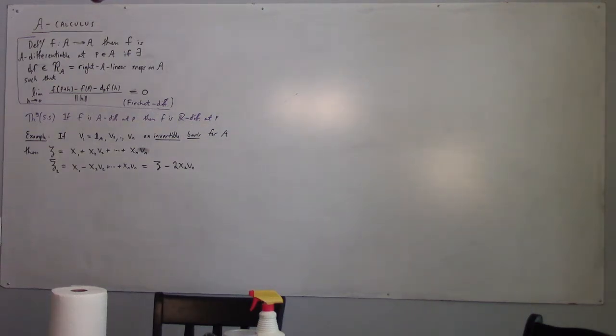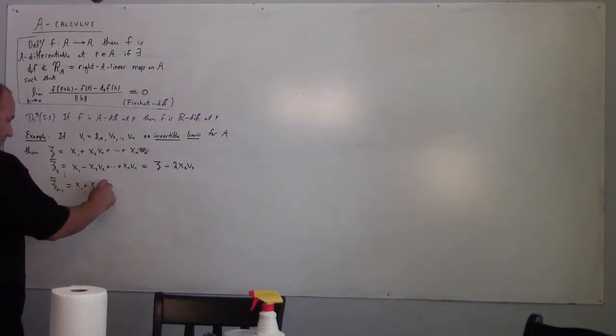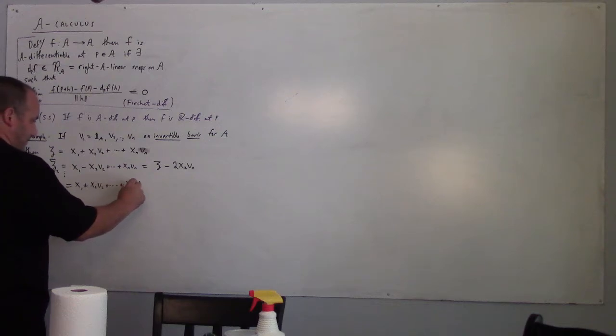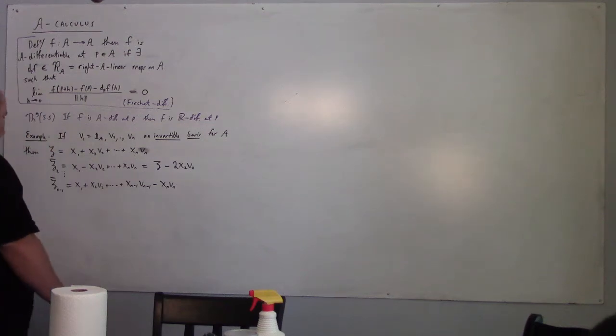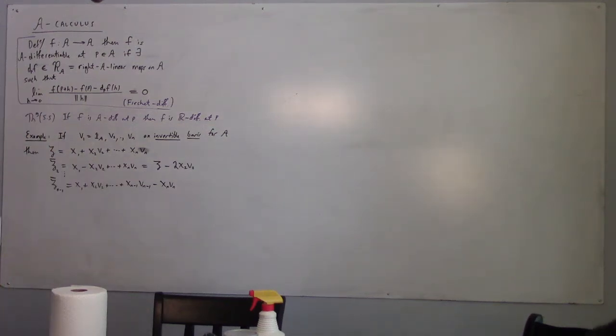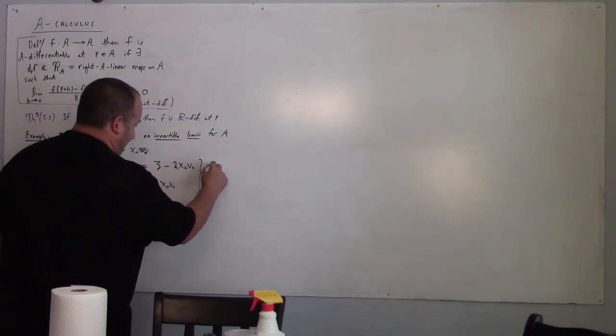And indeed, there's more of these. You can factor all the way on to zeta bar n minus 1, which is equal to x1 plus x2 v2 plus and so on plus x(n minus 1) v(n minus 1), minus xn vn. So these are the n minus 1 conjugate variables that we can define for an algebra. Now in n equals 2, we just have the one conjugate variable, like you've seen in complex a little bit.